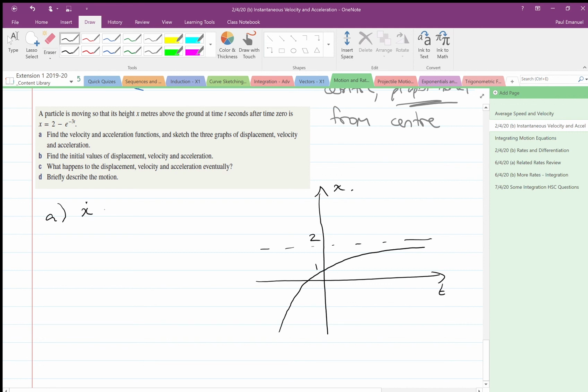So x dot is positive 3 e to the minus 3t. x double dot is minus 9 e to the minus 3t. So this is always positive and this is always negative.